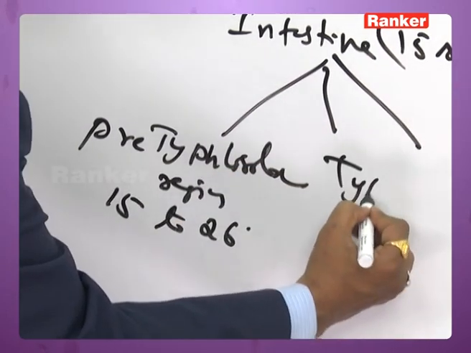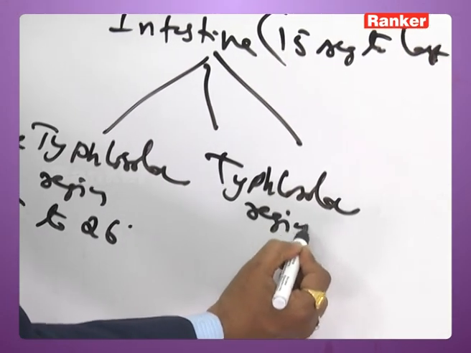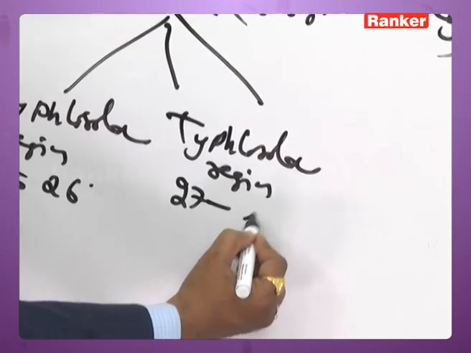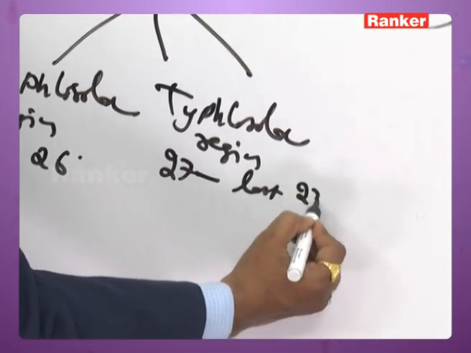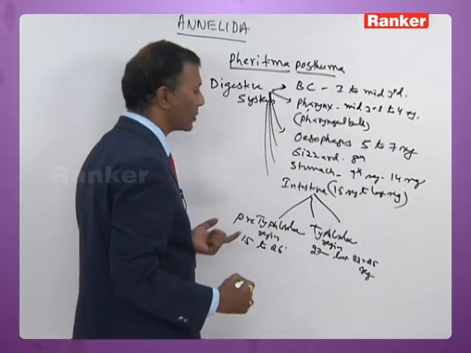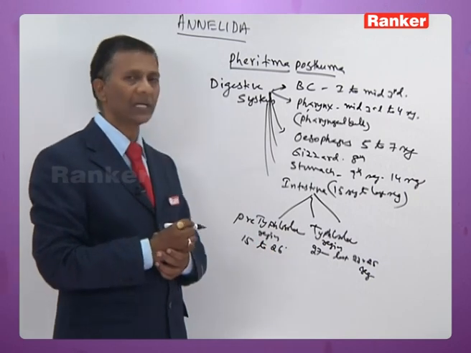Then you have the typhlosolar region, which lies from the 27th segment to the last 23rd or 25th segment.